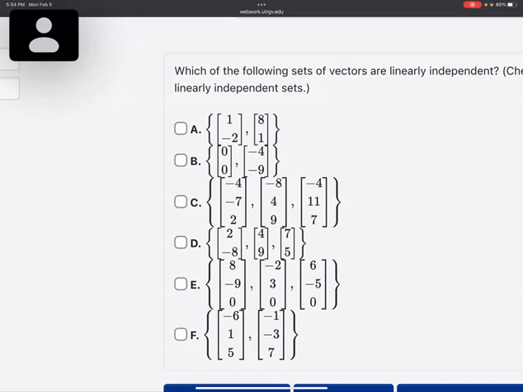The first one I would say is linearly independent. But you have to verify it, but I think that one is linearly independent. So one way to do it is to try to write the last vector as a combination of the others, but sometimes, oh yeah, letter C is easy.